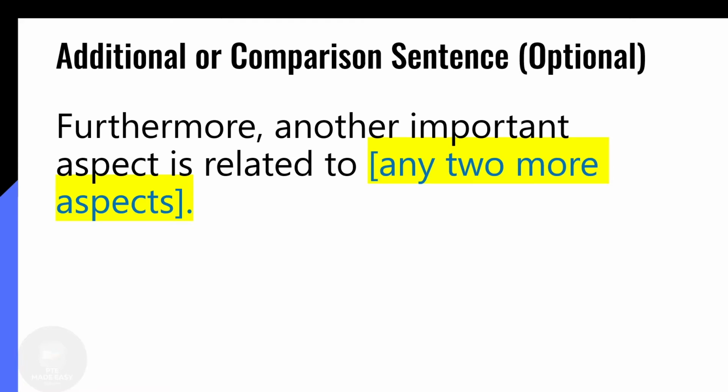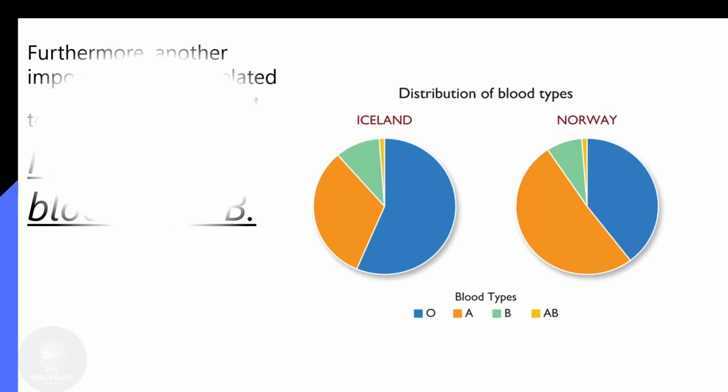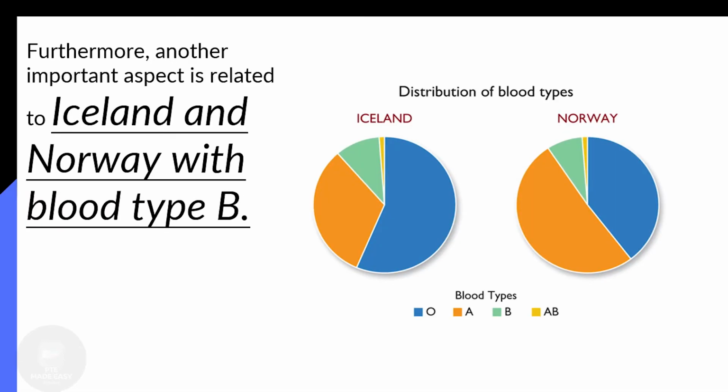So I can say related to A and B respectively or comparatively. It's entirely up to you what you want to do. I do not use it in my own answer. So let's take a look at what will happen if I do. Furthermore, another important aspect is related to Iceland and Norway with blood type B.